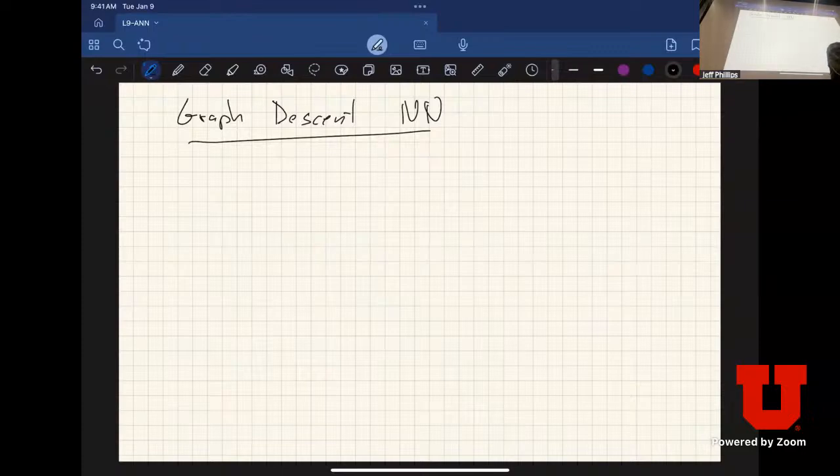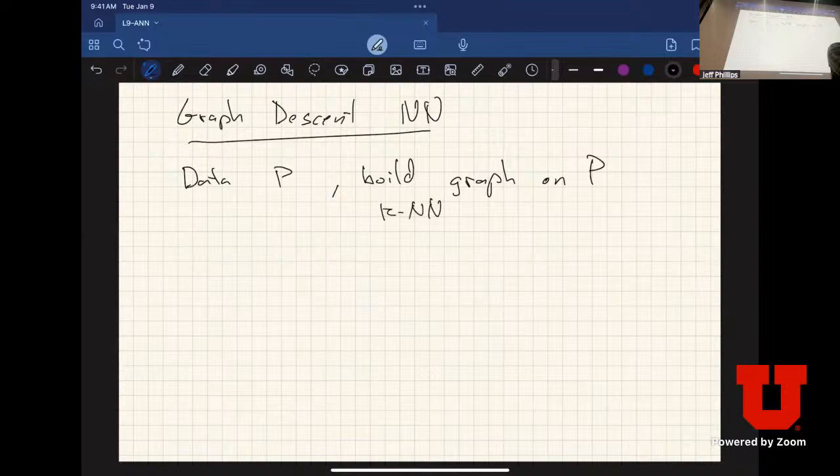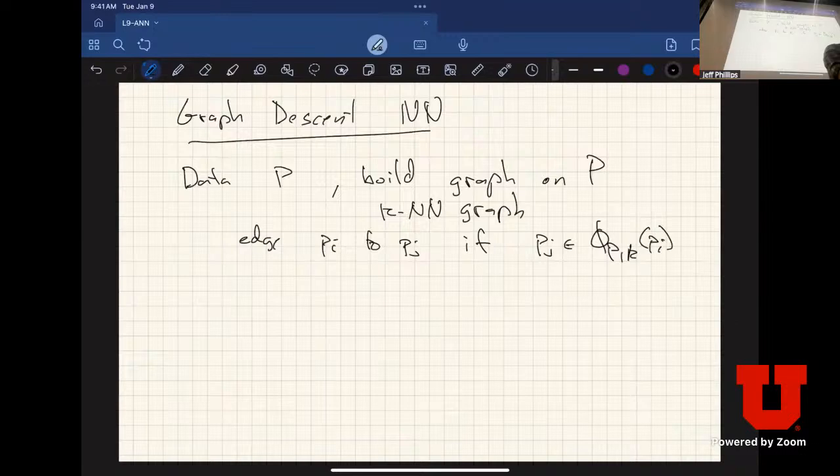The idea is I have a data set P, and I'm going to build a kind of graph on P, and we'll talk more about graphs over the semester. But in fact, it's going to be something like a K nearest neighbor graph. So I'm going to have an edge from Pi to Pj if Pj is in the K nearest neighbors of Pi.